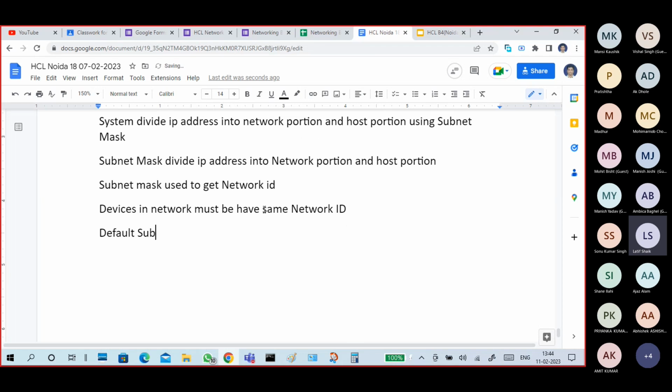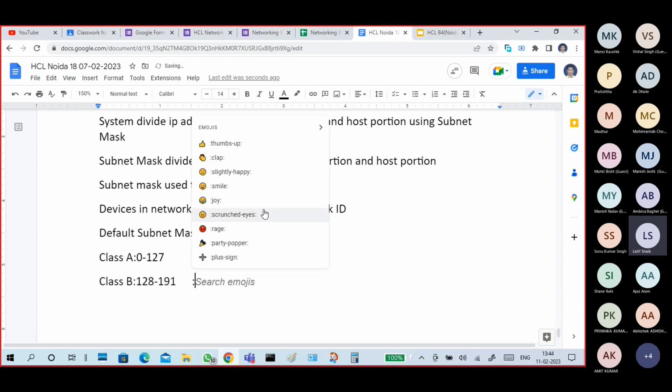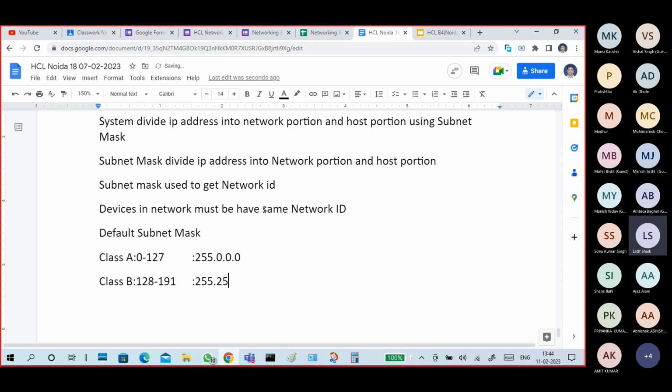This is the default subnet mask. The default subnet mask for class A is 255.0.0.0. The class A range is 0 to 127. This is your class A range. Class B range is 128 to 191. Why am I typing again? Because, guys, that is the way you can easily remember things.